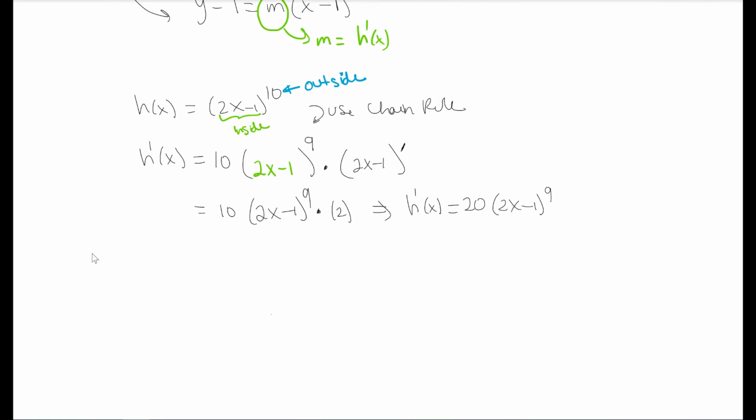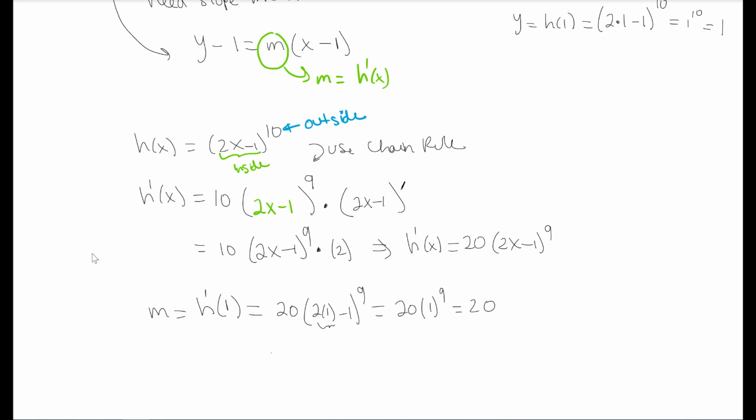So this is the derivative, and the slope is the derivative evaluated at 1. So plug in 1 in there, I'm going to have 20 times 2 times 1 minus 1 to the 9th. This 2 times 1 is 2 minus 1 gets 1, so I have 20 times 1 to the 9th. So the slope is 20.